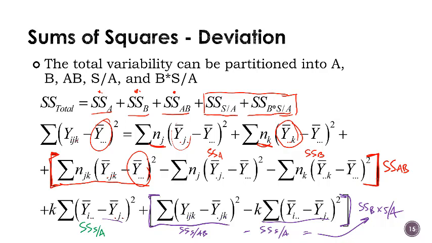And you can see, because this is in brackets, this is yet another interaction, B by S: B interacting with subjects while those subjects are nesting within levels of A.